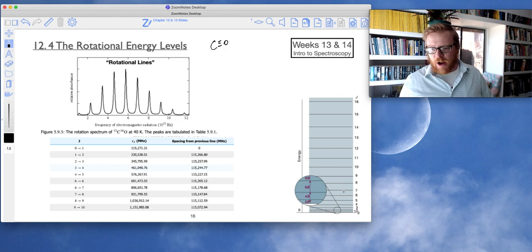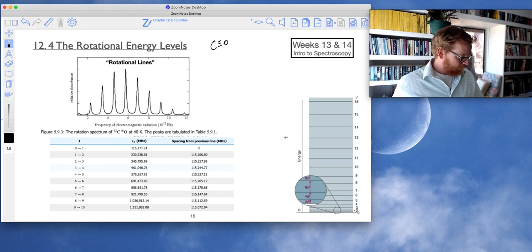So here I was showing you how I put that together before, how each of these levels grow by 2B at a time, right? 2B, 4B, 6B, 8B, 10B, 12B, etc. So now the difference between each one of those is 2 times B, okay?